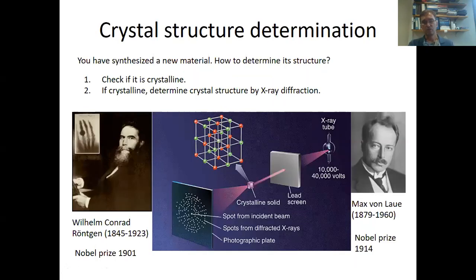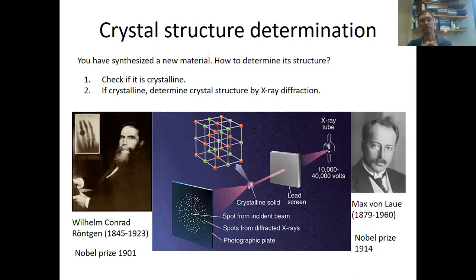Okay, so this was a brief overview of the International Tables for Crystallography, and that now leads over to the second chapter in our course, crystal structure determination. And crystal structure determination is mostly done using a technique called X-ray diffraction.